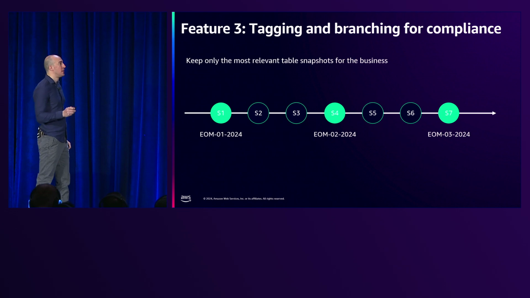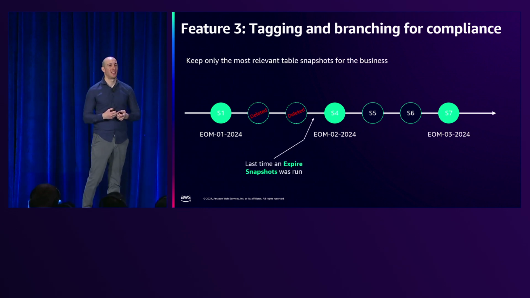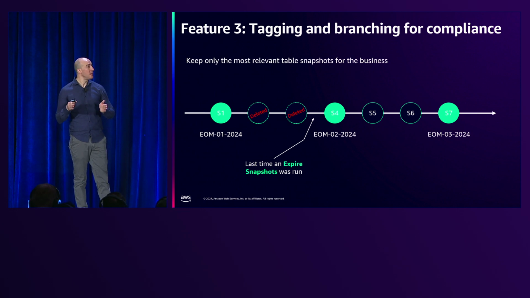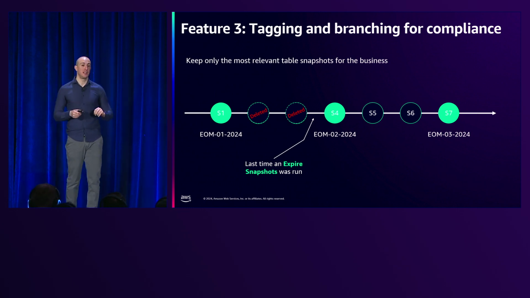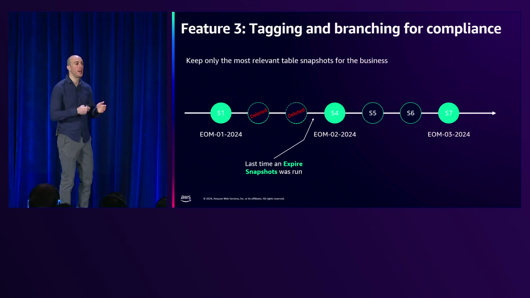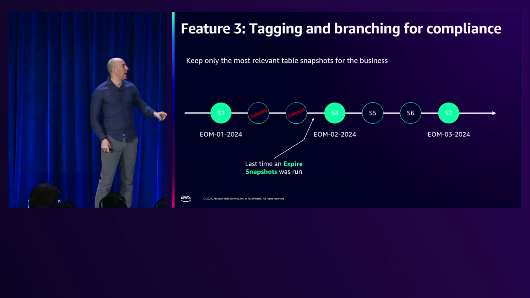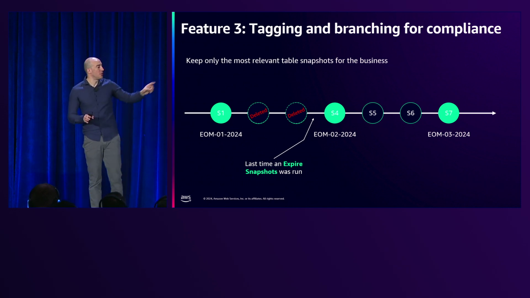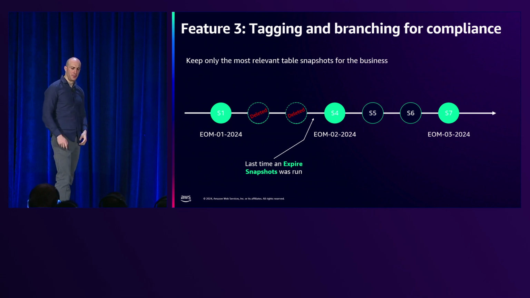At this point, the administrator does another operation, expire snapshots, that deletes any snapshots that do not have a tag and are no longer needed. In this way, we can still do time travel. However, we are doing time travel to a snapshot that points to a tag that the administrator decides.